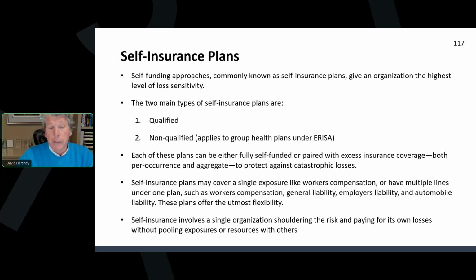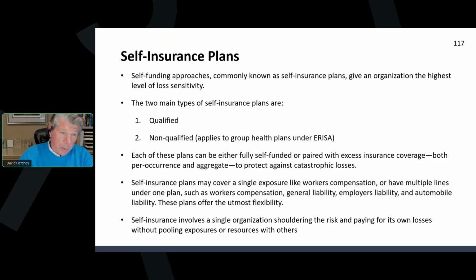So they usually identify maybe the top 5 states with the highest exposure and self-insure in those states, and then pony up with an insurer for a large deductible to handle all the compliance filings in those other states.